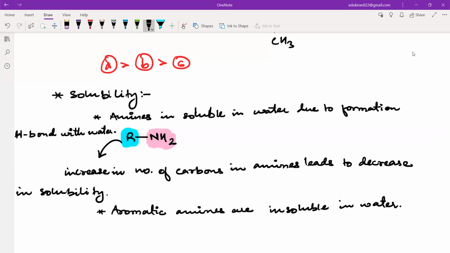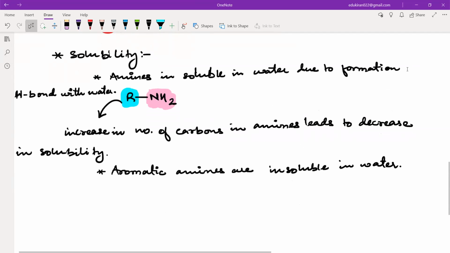So these aromatic amines, in which type of solvents will they be soluble? Since they are not soluble in water, a polar solvent, they are soluble in non-polar solvents.